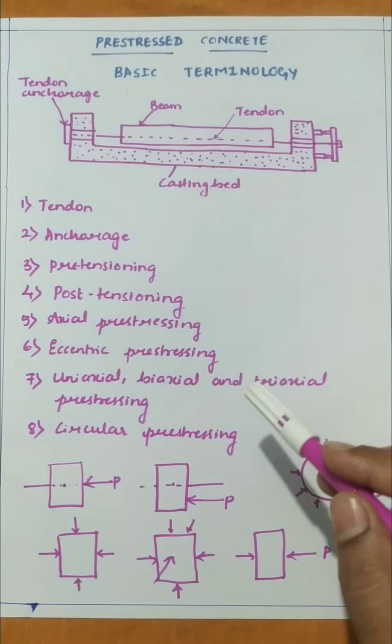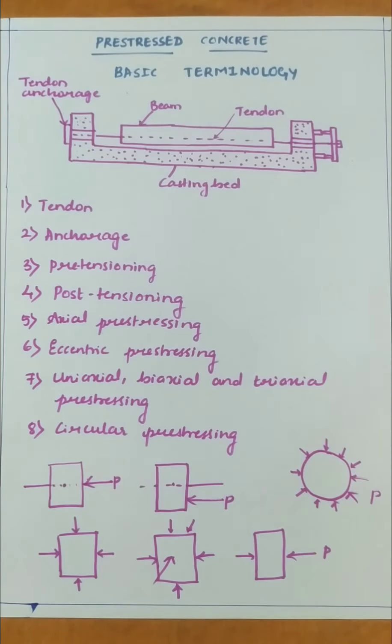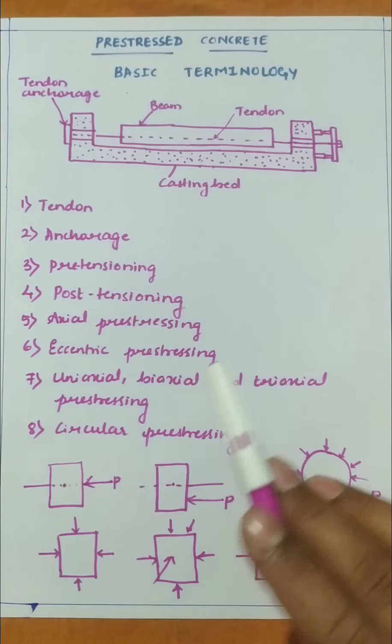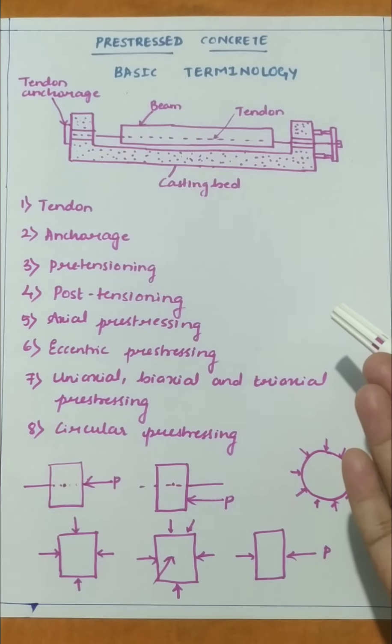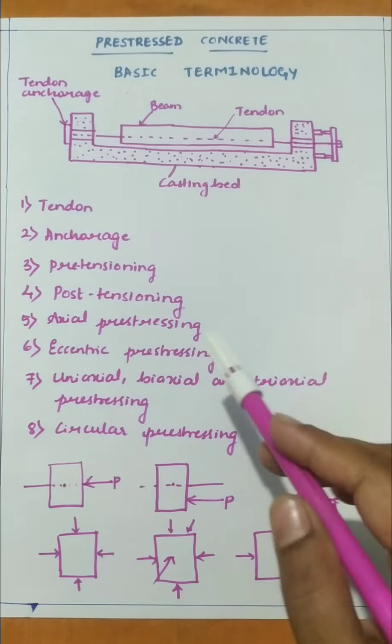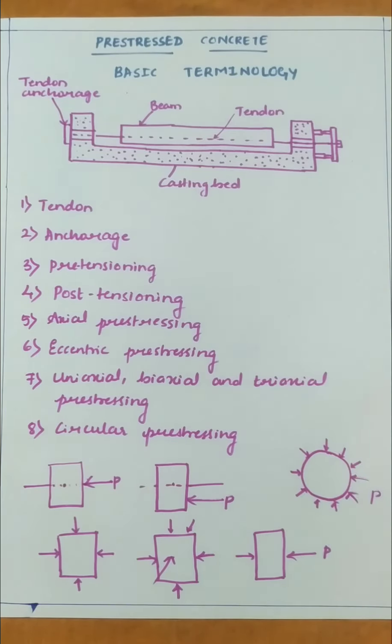Next, what is axial pre-stressing? Axial pre-stressing means the members in which the entire cross section of the concrete has a uniform compressive pre-stress. In this type of pre-stressing, the centroid of the tendons coincides with that of the cross section. Suppose you are taking a rectangular section.